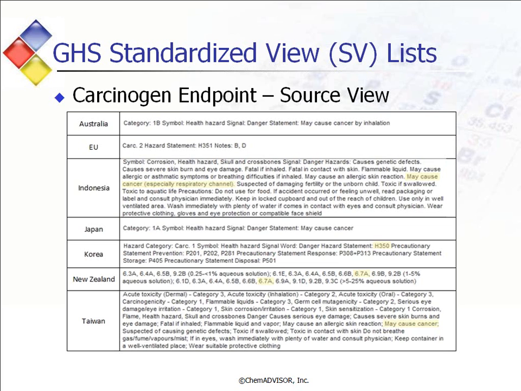New Zealand has a unique set of codes that correspond with each hazard class and category. The relevant item here is 6.7, the carcinogen endpoint for New Zealand. New Zealand also has some threshold limits that apply when a substance is present. This particular substance is present in a mixture.